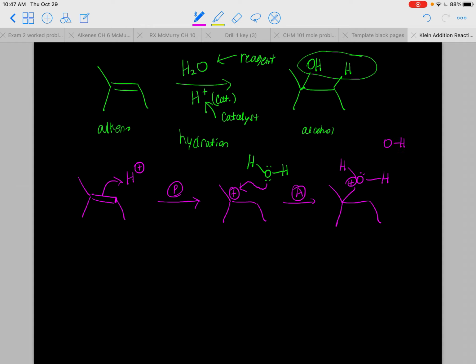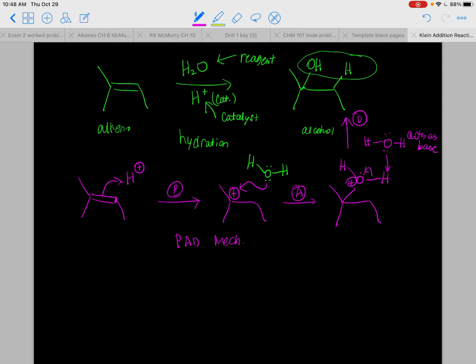So you have water that's in large excess being used for this chemical reaction. So this acts as a base, and it's going to remove that proton from your molecule, and we call that process deprotonation. And so this is PAD for short. So that's the PAD mechanism, okay?